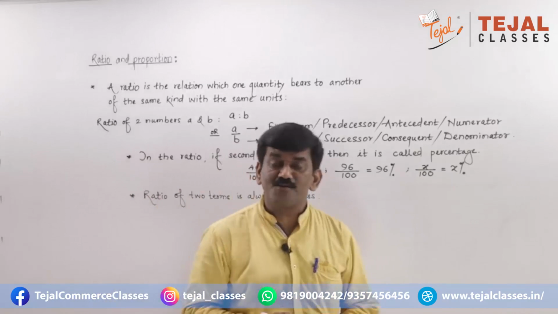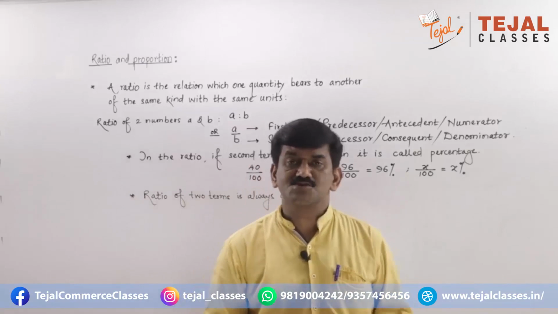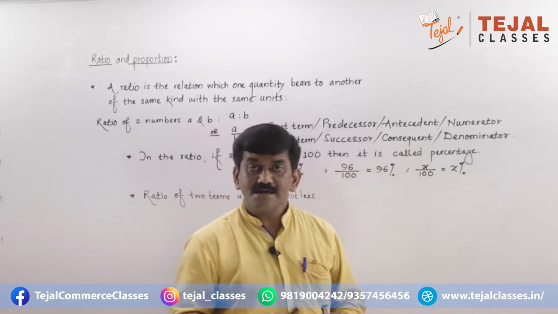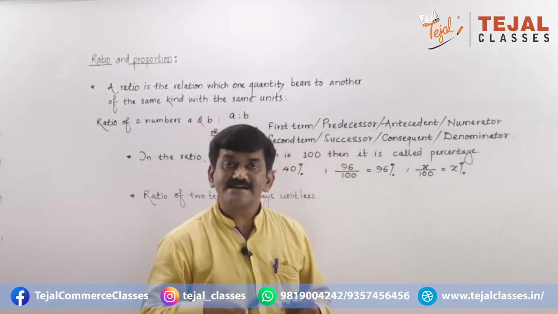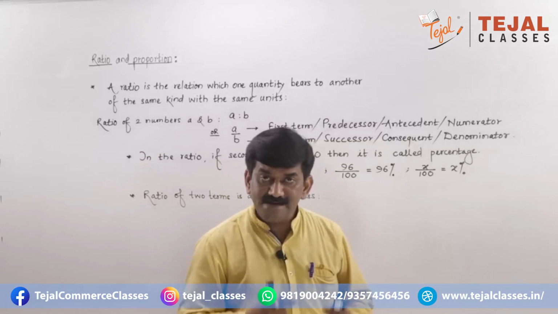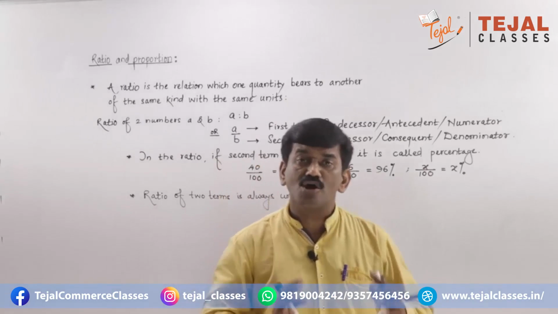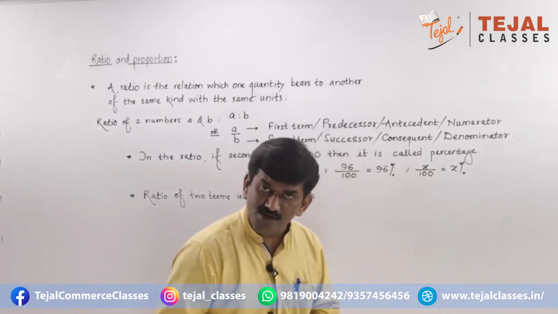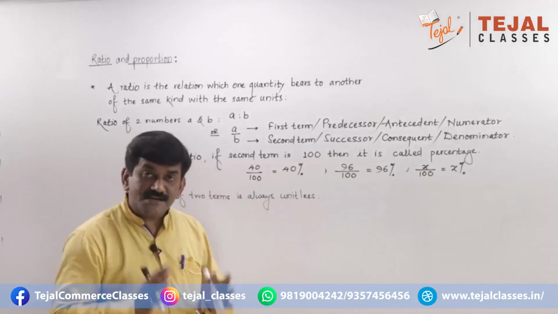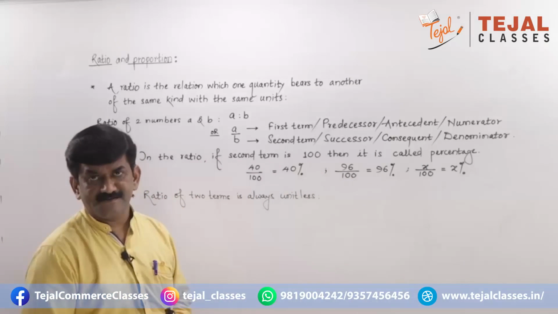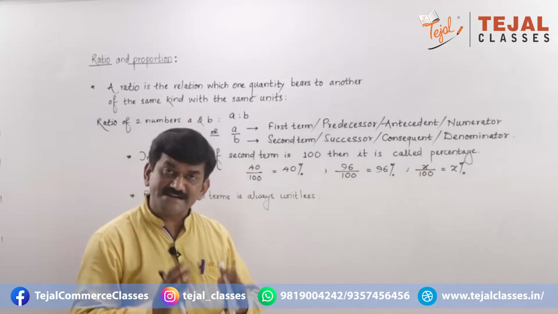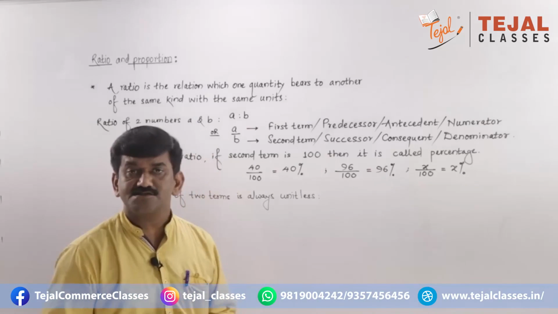There is an important concept regarding this ratio. See, if numerator and denominator are multiplied by the same non-zero number, then also the ratio remains constant. The value of that ratio remains unchanged.